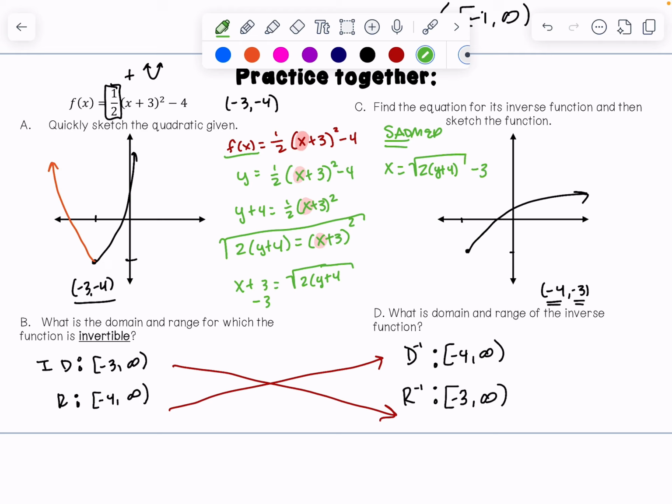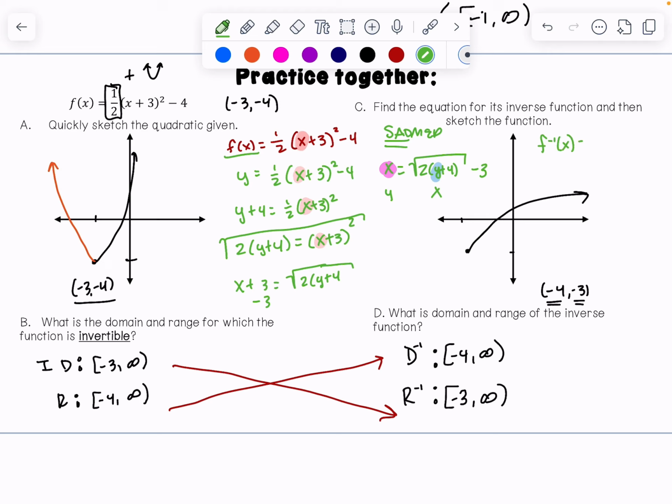I'm super close to being done, but now that I've isolated it, I need to show that this is still a function, and we know when we're graphing on an xy plane, our number over here, our input, should be x, and over here, our output should be some variation of y. In order to do that, I'm going to show that it's the inverse, so I'm going to switch it to f^-1 of x.